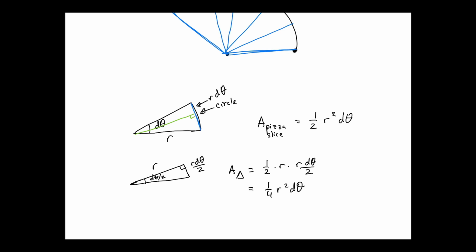But this thing is really half of my pizza slice, right? Pizza slice equals 2 of these little slivers. And so the area of that pizza slice is approximately 1/2 r squared d theta.